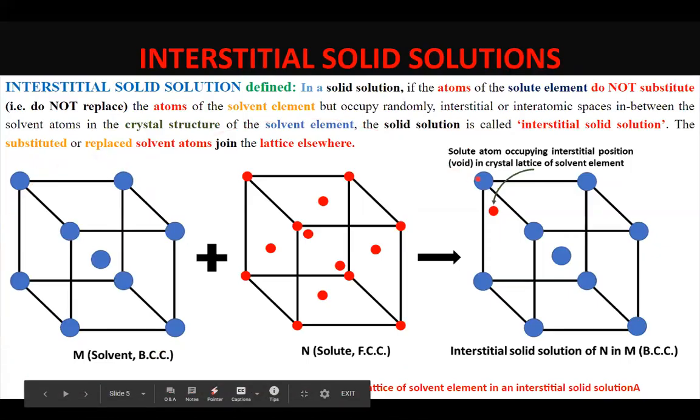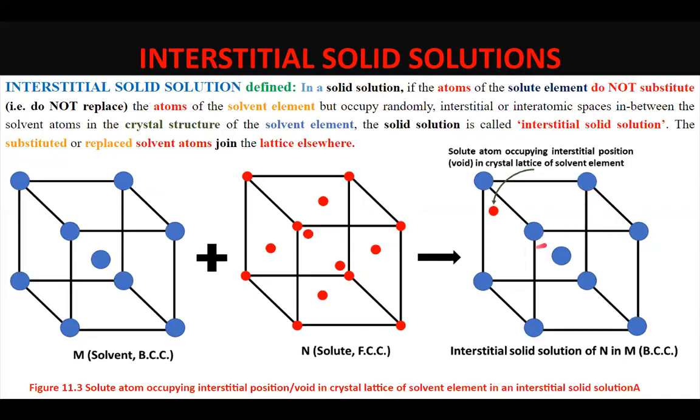So even in the solid solution, all the lattice positions are being occupied by the solvent atoms. But then there are going to be some solute atoms also, according to the weight proportion that had been taken initially for the solute and the solvent.